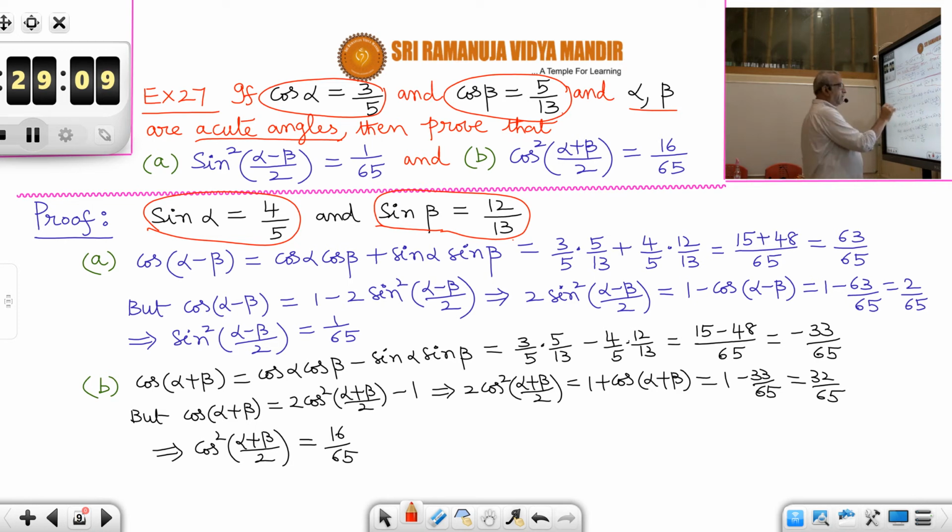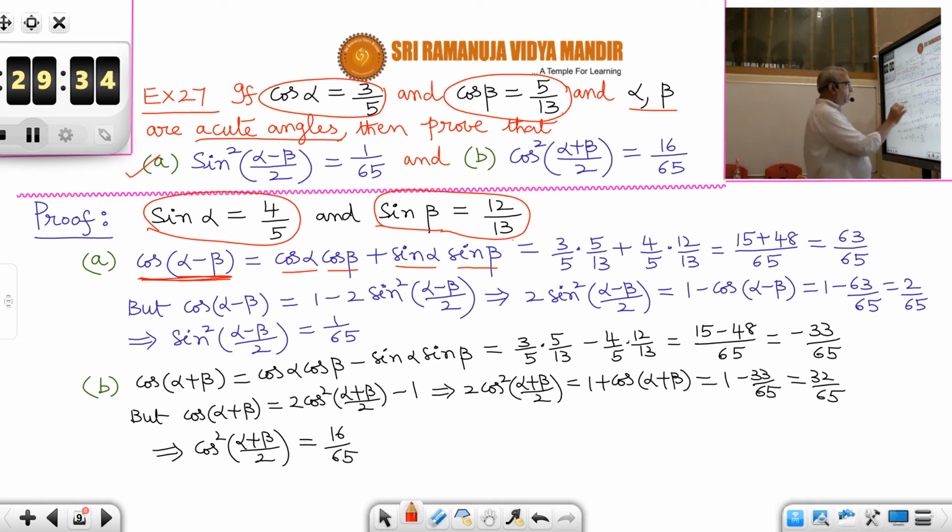So we can calculate to find the first bit, sine square alpha minus beta by 2. So first let us calculate cos alpha minus beta. What is the formula for cos alpha minus beta? Cos alpha cos beta plus sin alpha sin beta. In this all the four values you know, is it not? He has given two values in the problem and we have calculated the remaining two values.